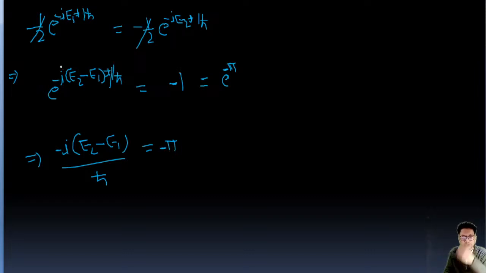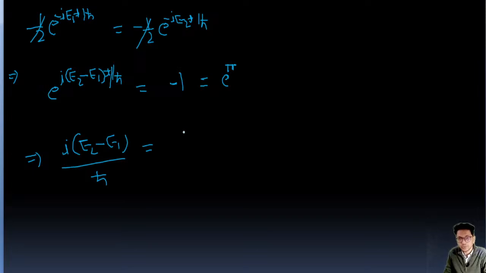So this is actually going to be, no, this sign is not minus. This is the e2 minus e1, right, guys? Okay, so this sign will get plus. Okay, e2 minus e1 t upon h cut equal to pi.